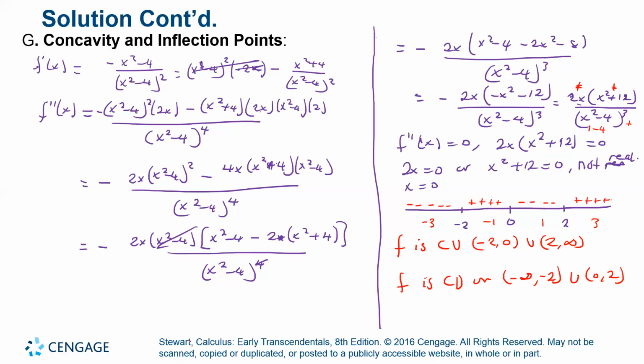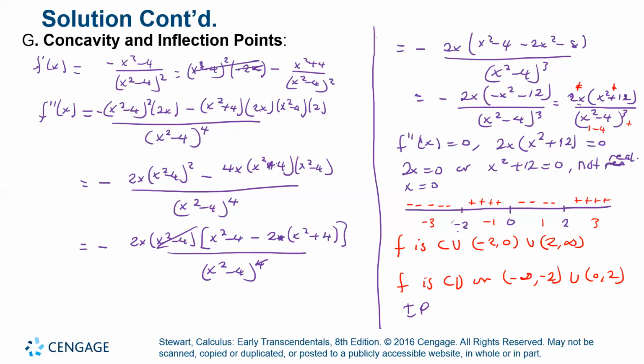Okay, where do we have a point of inflection? Well, it cannot be at 2. If you look at it, there should be one at 2, but that's a vertical asymptote.